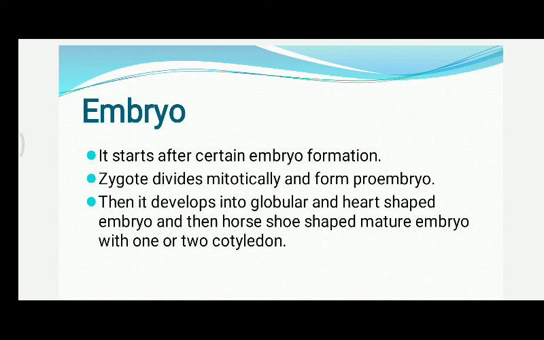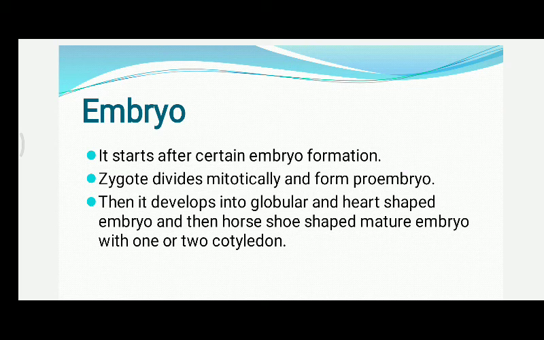Ovary forms the fruit. Ovary wall is now considered the pericarp. Ovule will be converted into the seed, and the funicle will appear as the stalk of the seed. Hilum will remain as the hilum. Nucellus will convert itself into the perisperm.